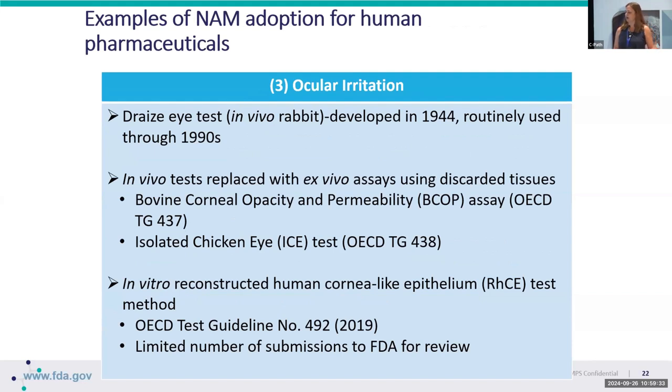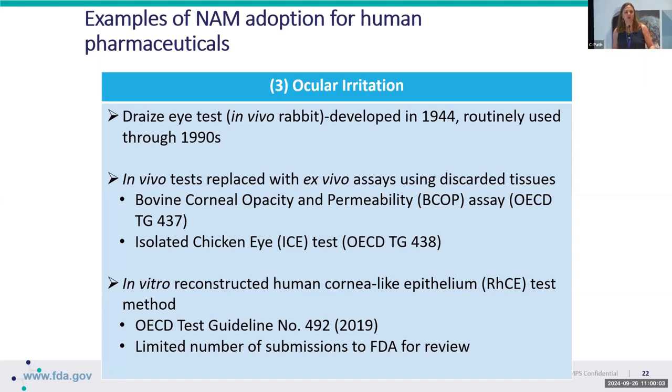Here we mention the OECD test guidelines, and I think this is the area where it helped that these OECD test guidelines are available. That helps us as regulators feel confident that the assays are doing what they're supposed to be doing, and we have confidence in the data if there is an OECD guideline for how to conduct that particular study using that NAM.